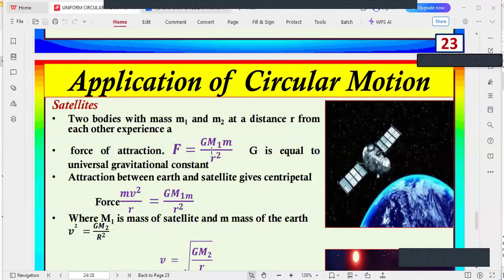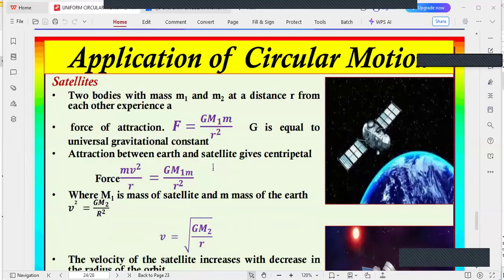I think here M1 has been used as mass of the Earth, and M is mass of the satellite. So the centripetal force experienced by this satellite, which retains it in its orbit to revolve around the Earth, is given by G times mass of the Earth times mass of the satellite itself, divided by radius squared, which is the distance between the two.